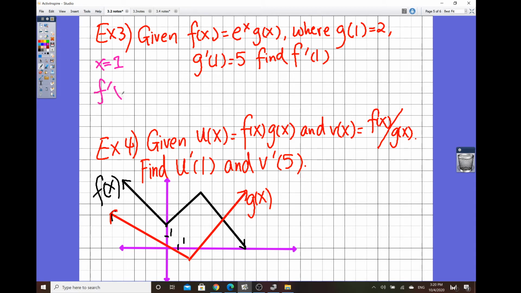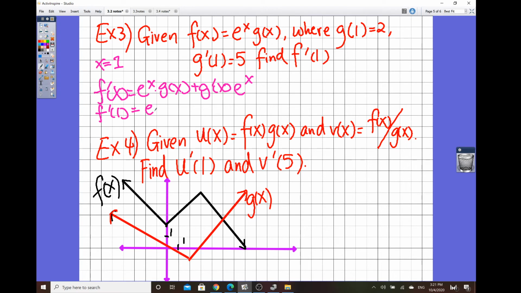So we do know that f prime of x, using the product rule, is e to the power of x times g of x, plus g prime of x times e to the power of x. So plug in a number to find out what f prime of 1 is.